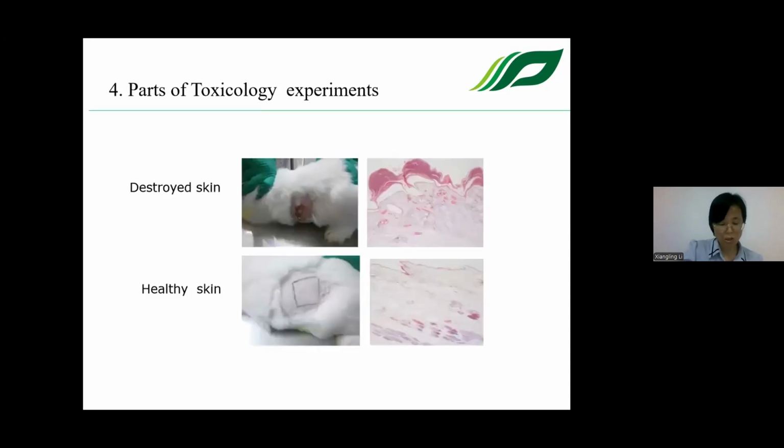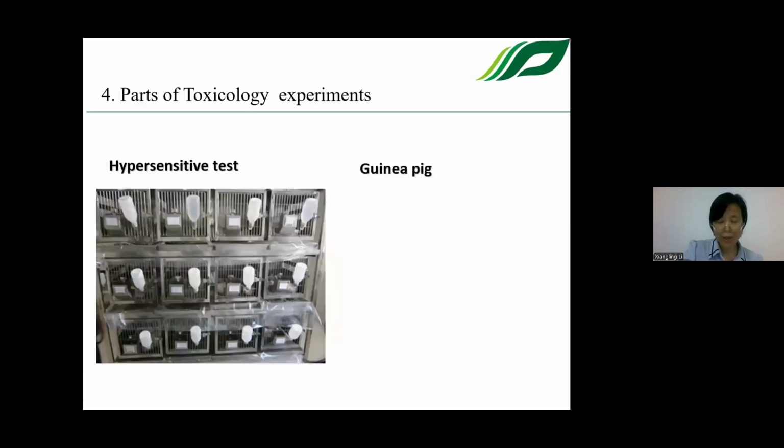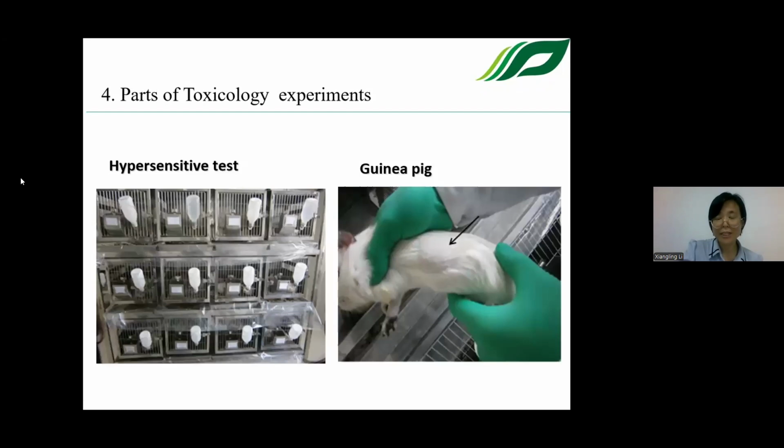So next, we selected New Zealand rabbits to observe the skin irritation of CQ from two aspects: damaged skin and healthy skin. And meanwhile, we used guinea pigs to do the hypersensitivity test to see whether the CQ gel really has irritation and to what degree it will induce irritation.